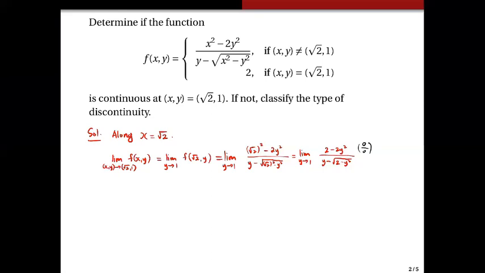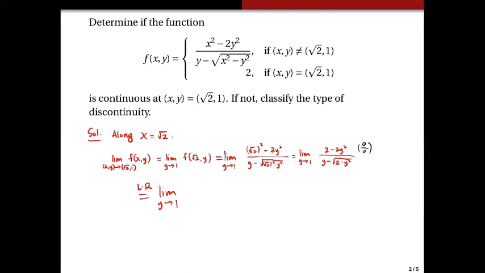We can maybe simplify this expression so that we can cancel the y minus 1 in both the numerator and denominator. Or since this is 0 over 0, we can just apply L'Hopital's rule. So by L'Hopital's rule, we will have the limit as y tends to 1.